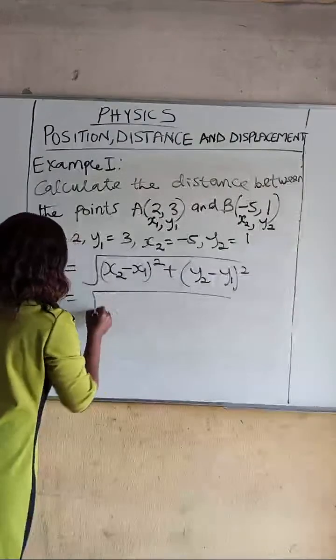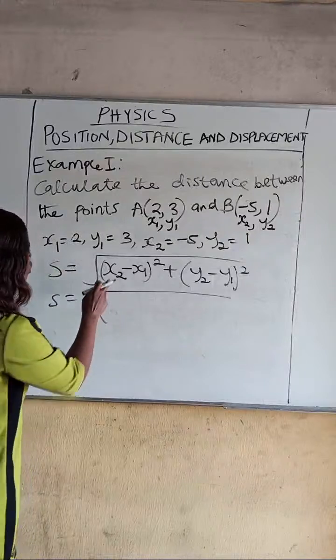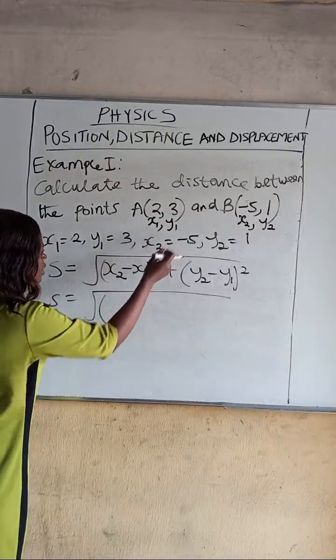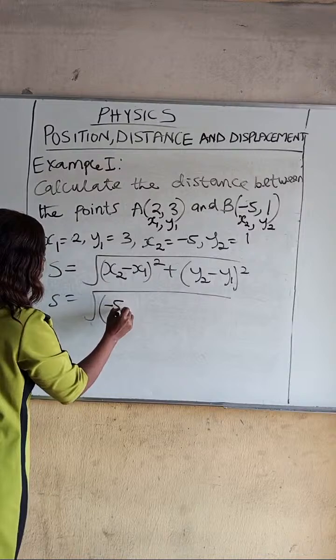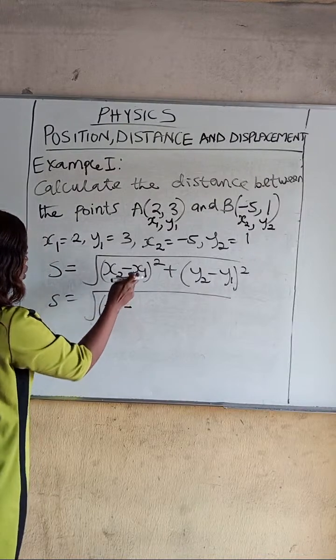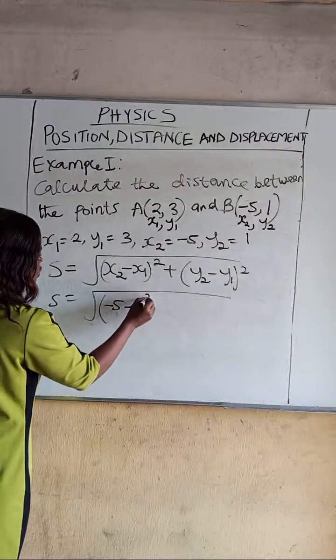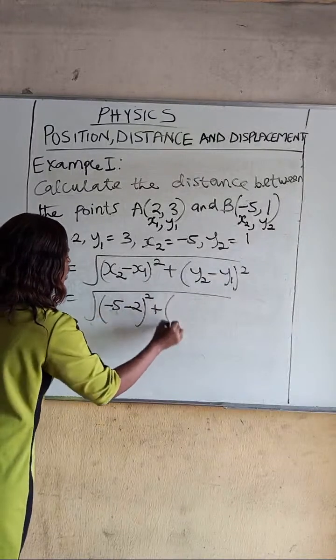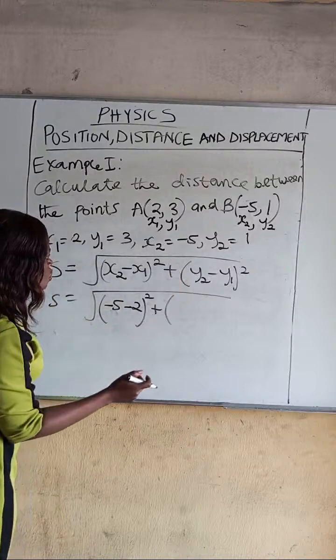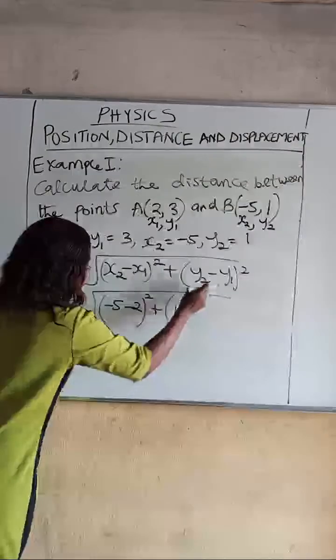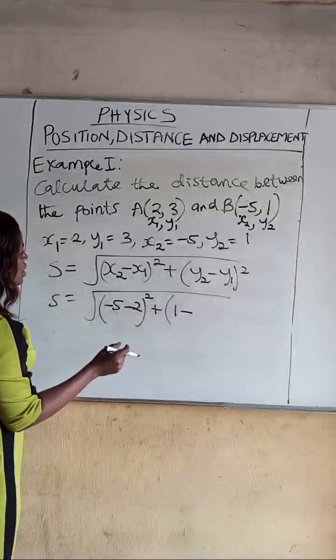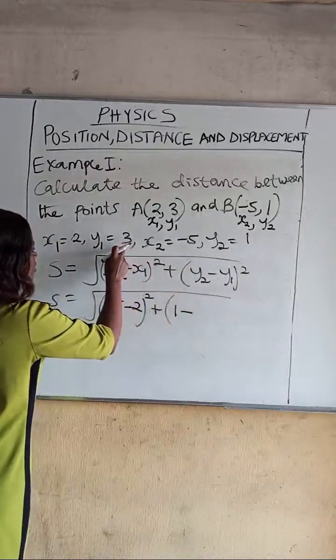So we are going to proceed. What is my x2? Minus 5. I will say minus 5 minus, what is my x1? 2, right? I'll put all squared. Then plus, what is my y2? 1. I'll put the minus. What is my y1? 3.